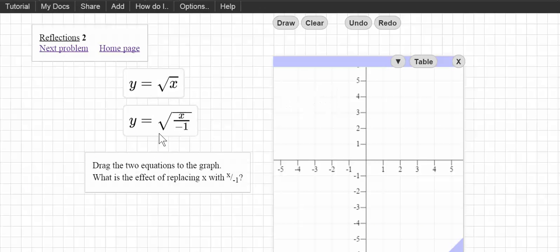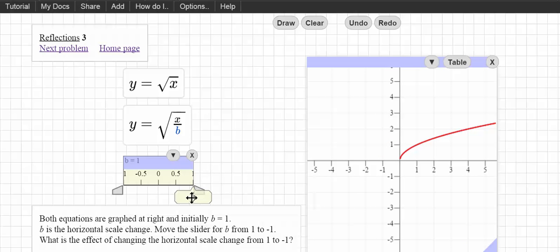Reflections then ask, for instance, calling reflections a special case of scale changes, what happens when you replace x with x divided by -1? Then you can see by moving the slider from 1 to -1, making b -1, you can see the reflection over the y-axis.